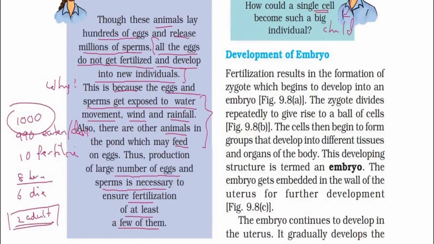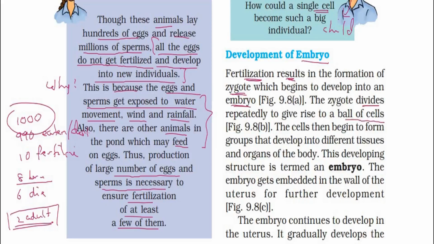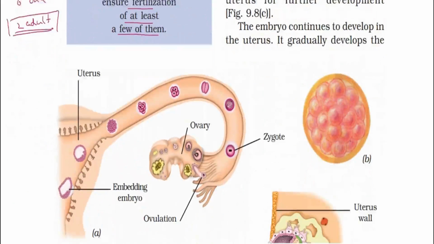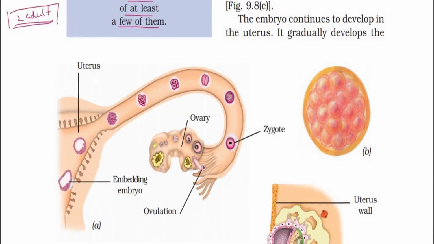The fertilization results in the formation of zygote. Zygote begins to develop into embryo. How does this occur? The zygote divides repeatedly to give rise to a ball of cells. Look at figure 9.8b. This ball of cells is called the morula.